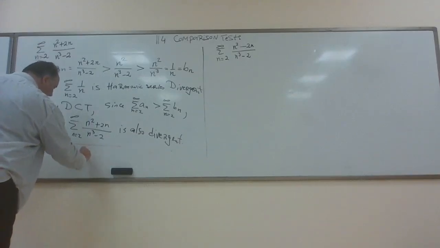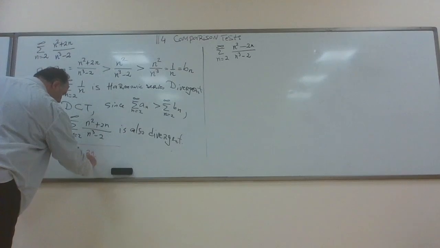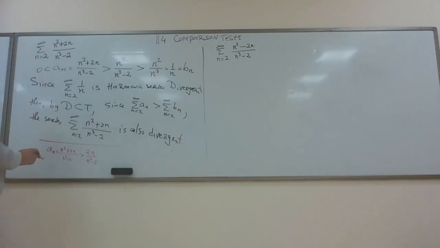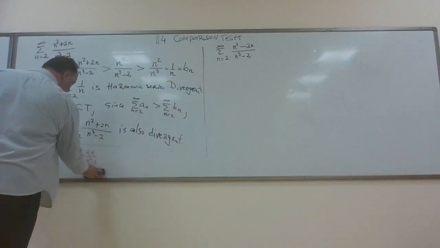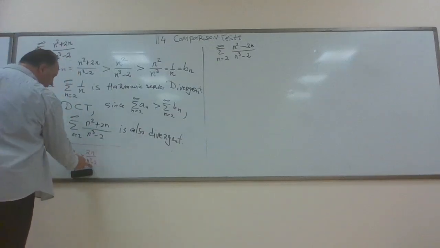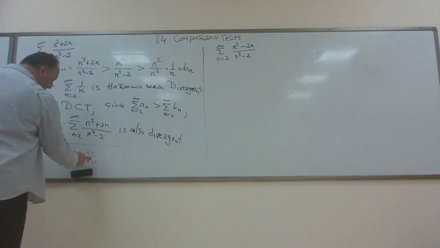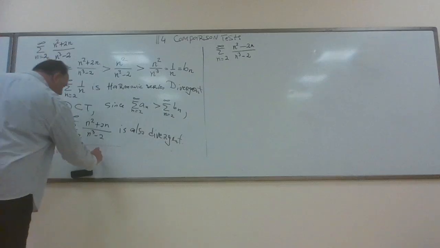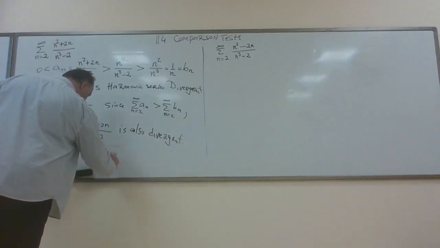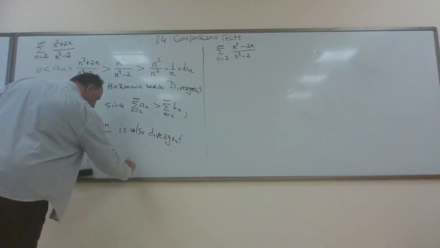This would be bigger than 2n over n cubed minus 2. That's true. Now, by the same rule, this is smaller than n cubed, so the ratio is bigger than 2n over n cubed, which is 2 over n squared.